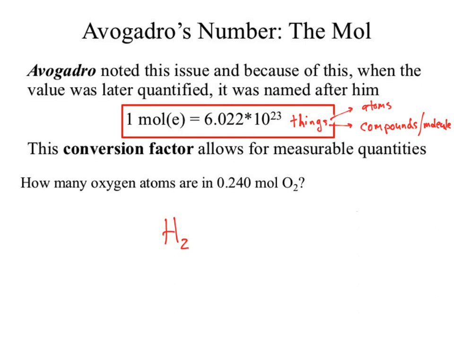Why is the word compound more useful than molecule? If we were to write out our conversion, 1 mole, 6.022 times 10 to the 23rd, okay, what is the thing that I want to measure? Do I want to pick mole or compounds or molecules?